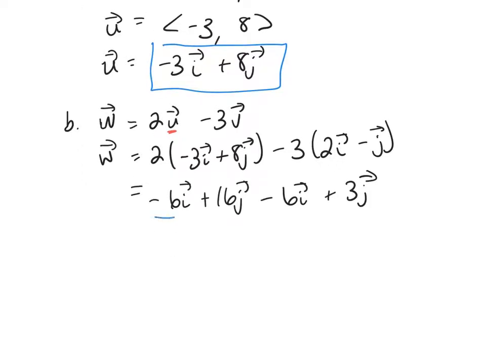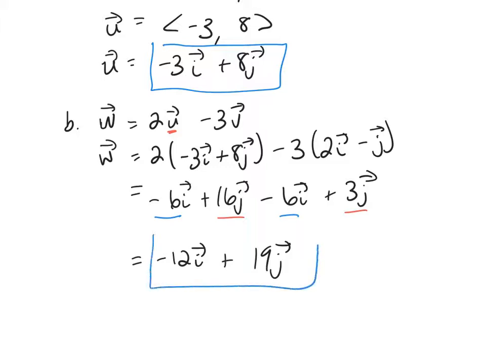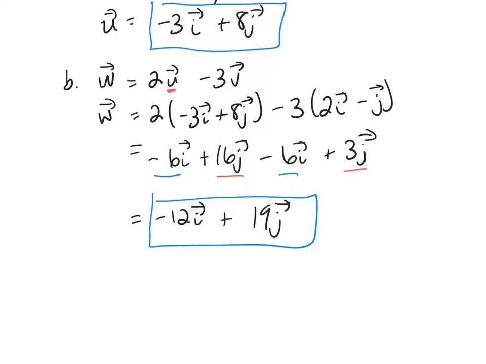So -6i and -6i makes -12i, and a positive 16j and a 3j would make 19j. And there's my answer. So working with these standard unit vectors is pretty easy.